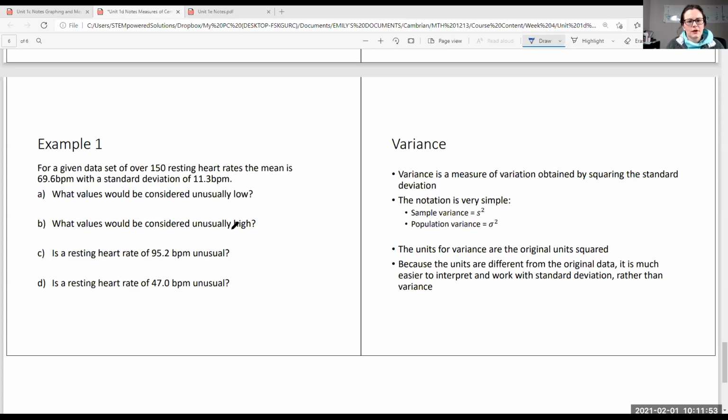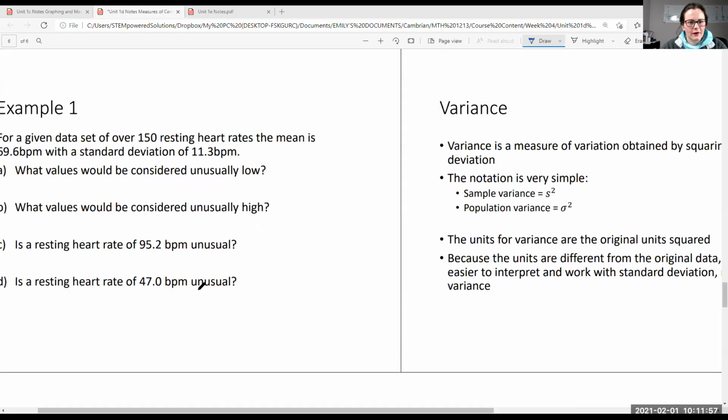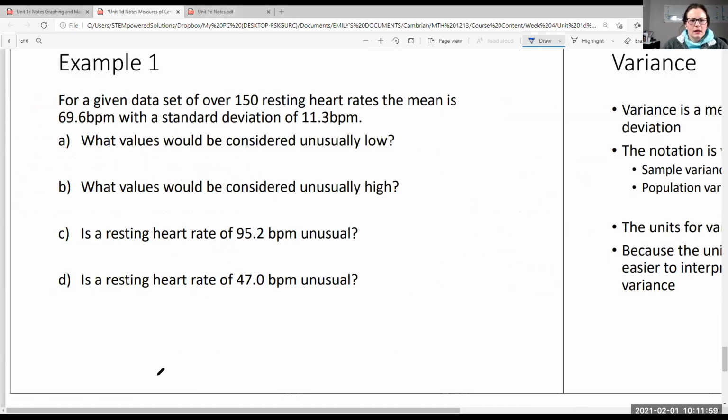That's right. So let's write this out for those trying to follow along with us. What values would be considered unusually low? So it's X bar minus 2 standard deviations.